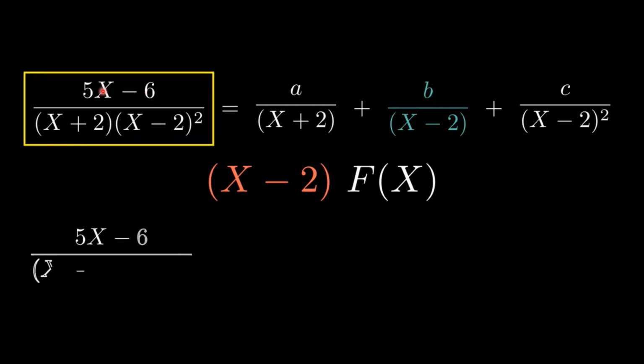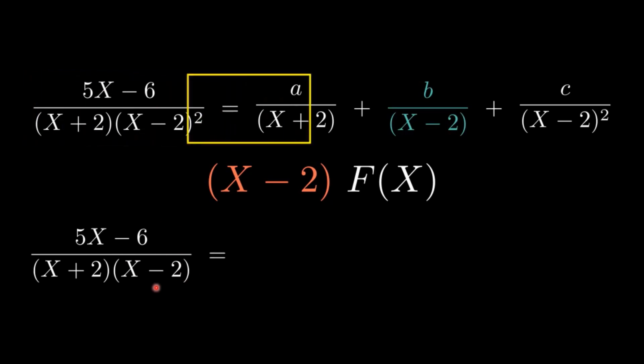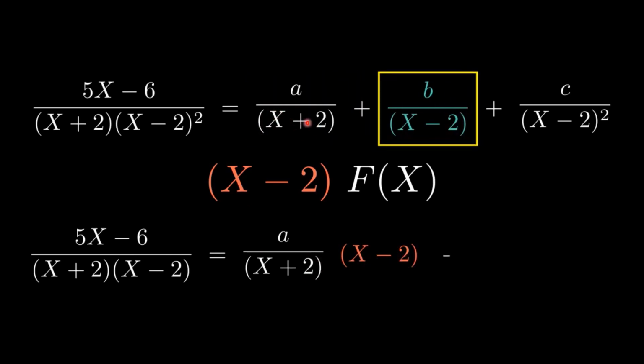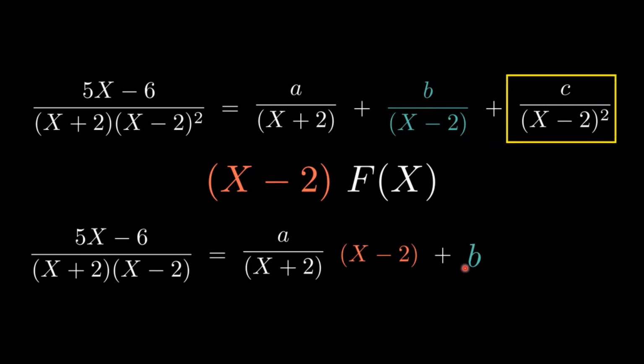On the left-hand side, we simplify by x minus 2. We multiply by x minus 2 for the first term of the sum. For the second term we simplify by x minus 2, so we get the constant b, and for the third term we get c over x minus 2.